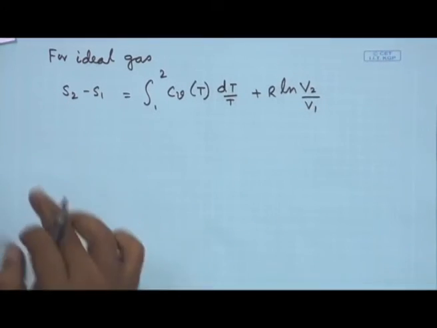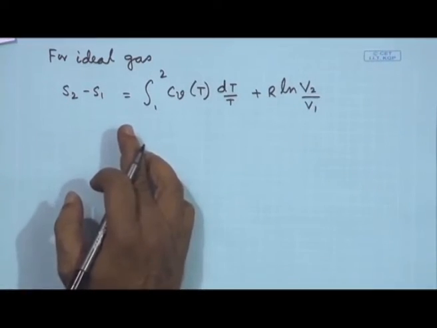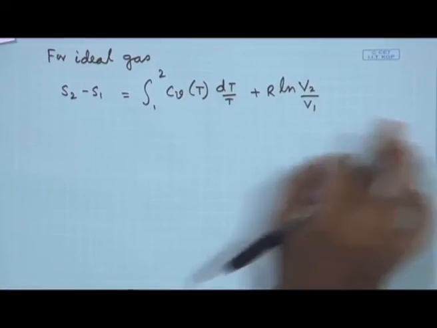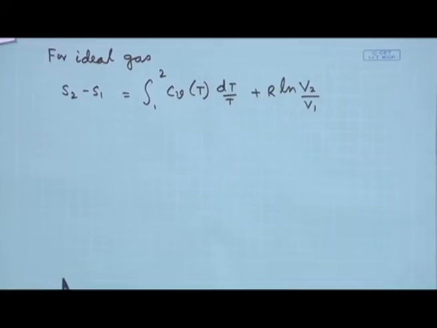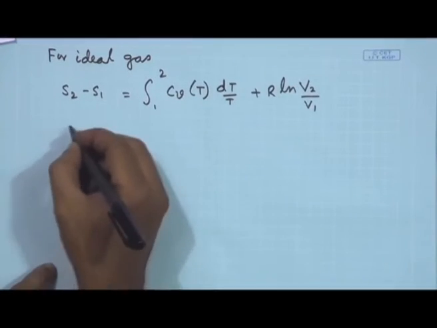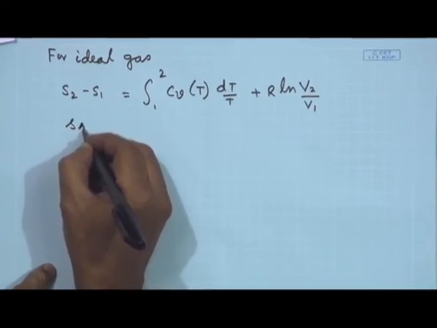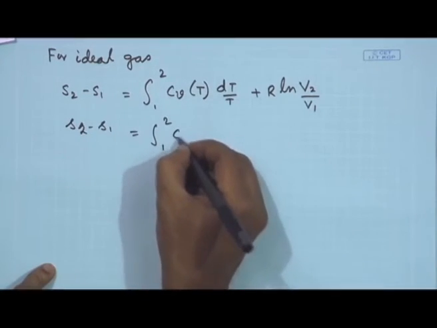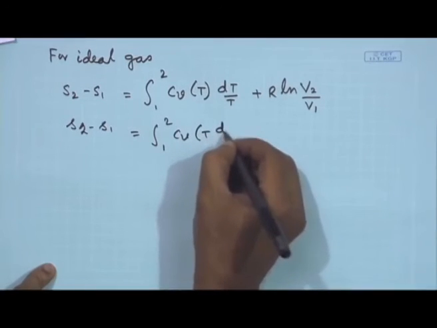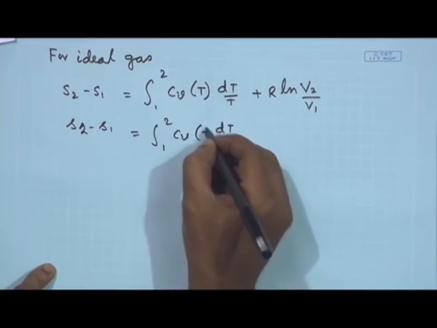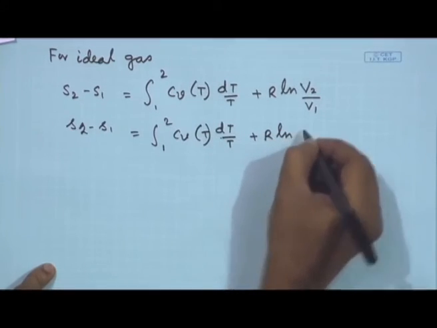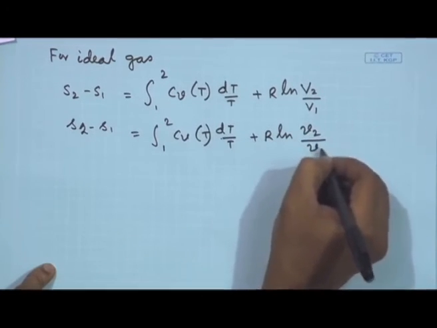Here I have written the entropy change as an extensive property. I can write it as an intensive property also: s2 minus s1 is equal to the integral from 1 to 2 of Cv(T) dT by T plus R ln v2 by v1.